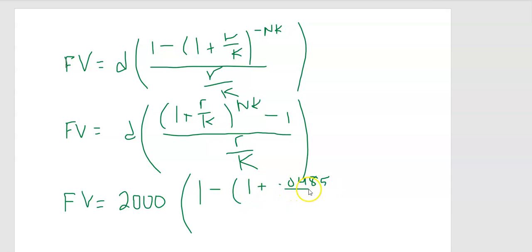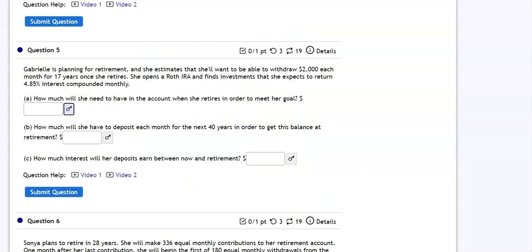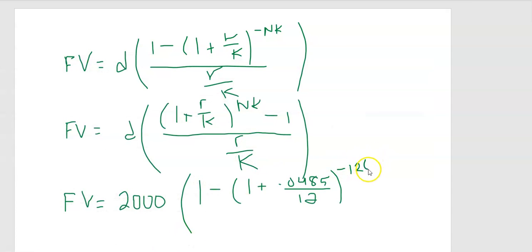And that's going to go over monthly payments, so 12 times a year. And that is raised to the negative 12 times, I believe it was 17 years, but again, let's check. 17 years. Okay, so 17 years. And this is going to go over 0.0485 over 12.